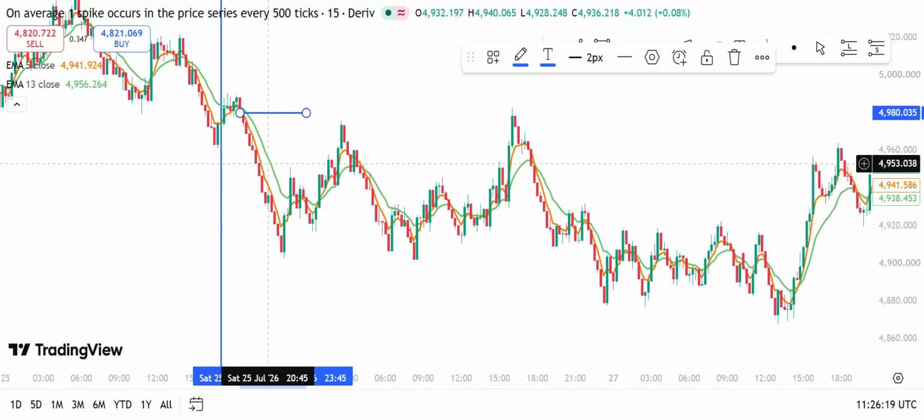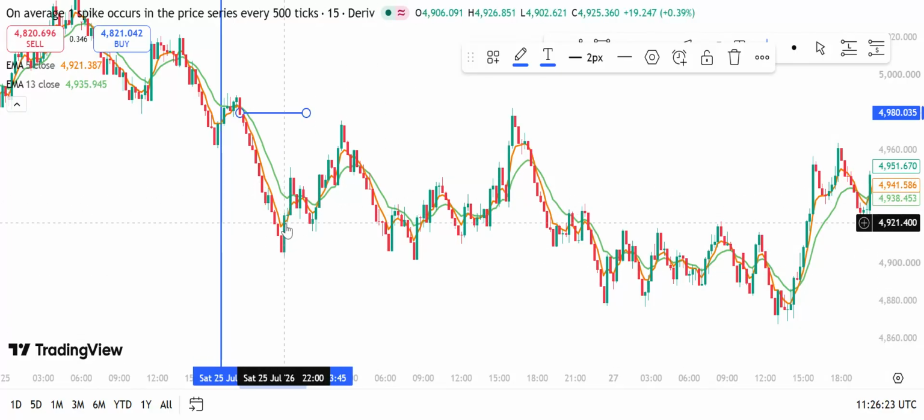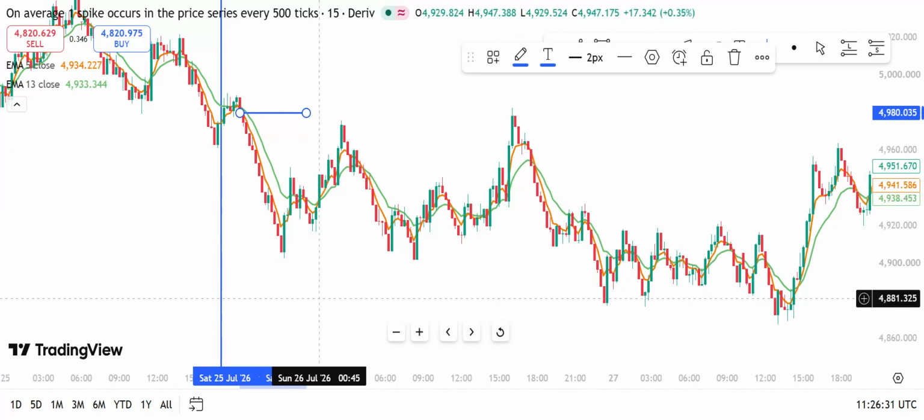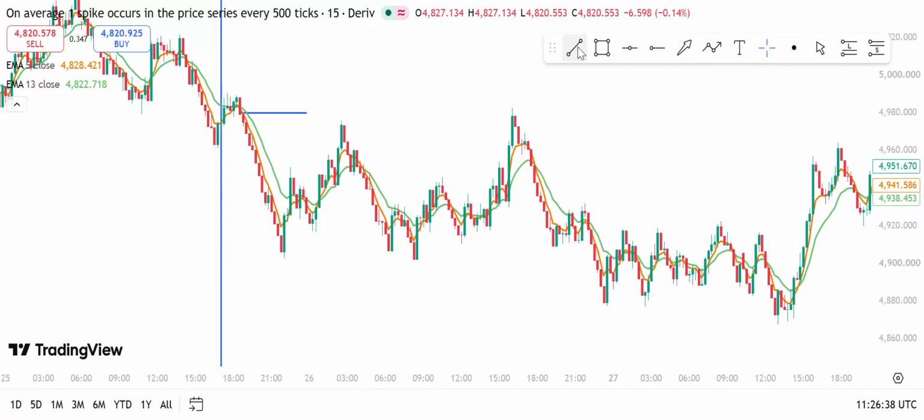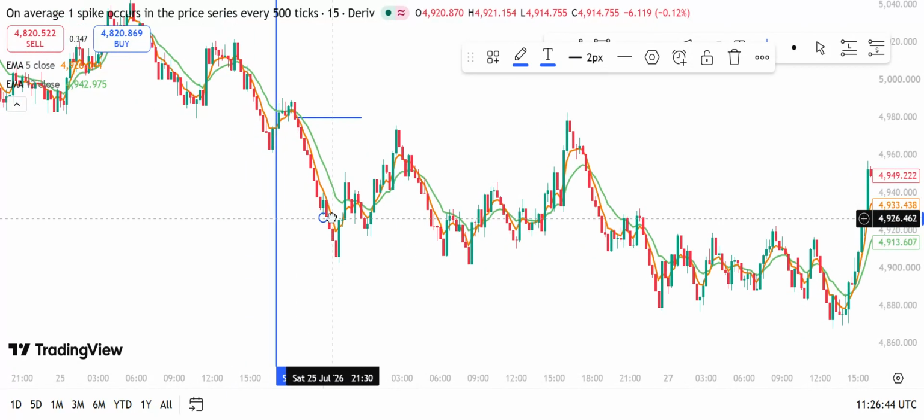So we would have rode all the way down here, and now because of this bullish candle closing above here, we know that there's some form of pullback that will happen before the market continues going down, so we can secure our profit. So we can take our profit over here and the market closes here.